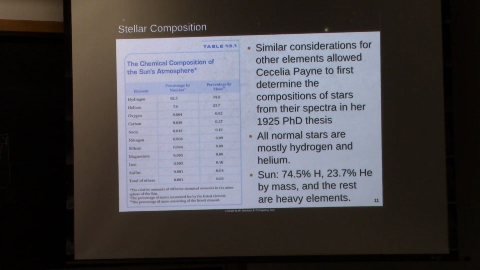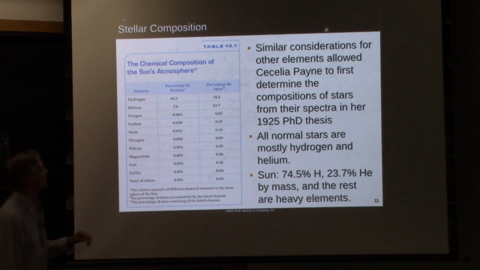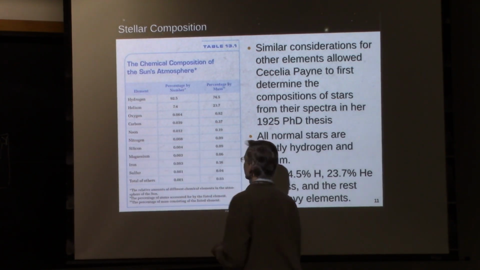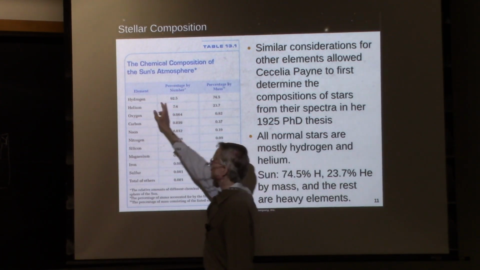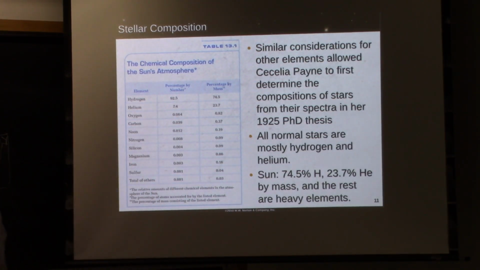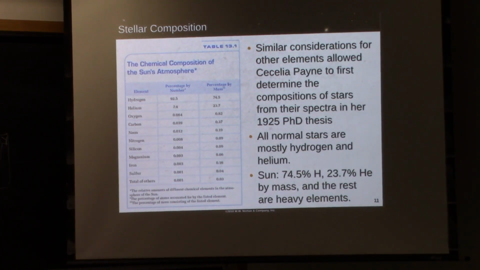What's the difference between percentage by number and percentage by mass? So for example, we see here the chemical composition of the sun's atmosphere. Hydrogen, 74.5% by mass, 92.5% by number, because the mass of a helium atom is about 4 times the mass of a hydrogen atom, right?